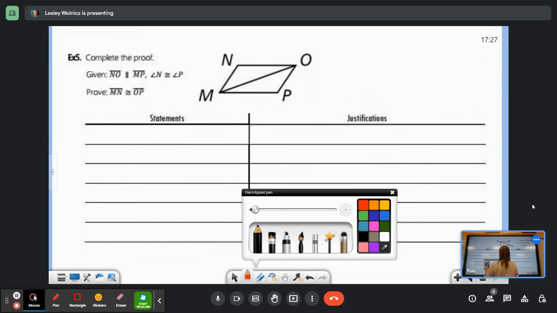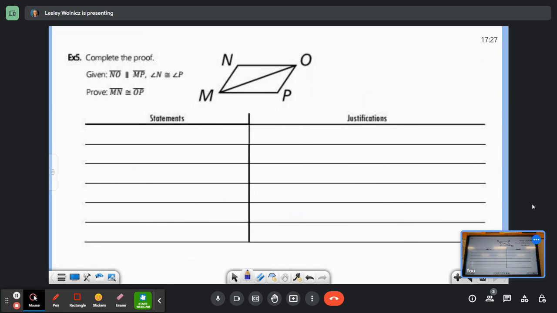Here we go. All right, they're telling us that segment NO is parallel to segment MP.